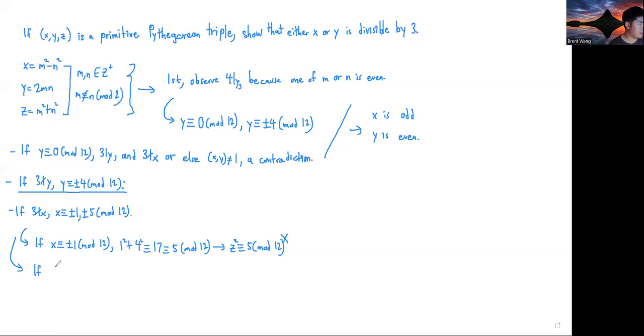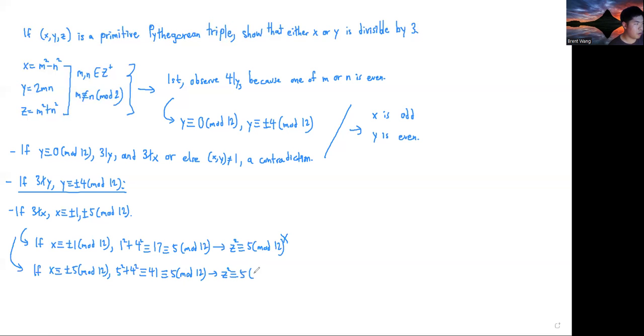If x is congruent to plus or minus 5 mod 12, let's plug this into the Pythagorean triple. You get 5 squared plus 4 squared. That's congruent to 41, and that's also congruent to 5 mod 12. So you have z squared congruent to 5 mod 12.